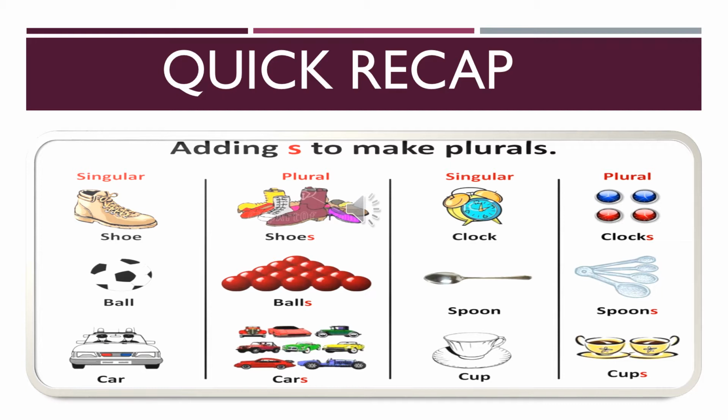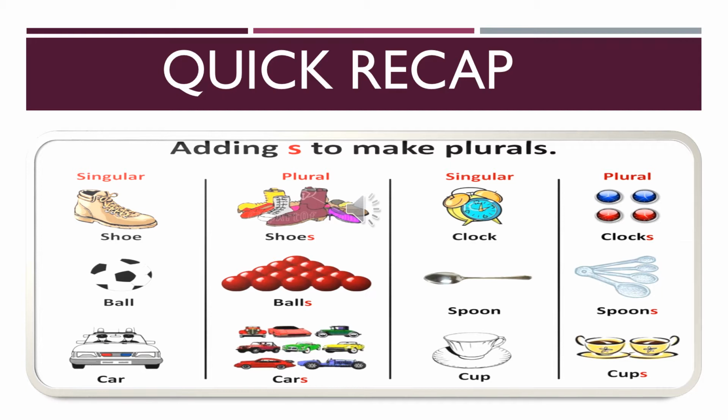When we talk of one, we call it singular. But when we talk about more than one, we call it plural. We can change a singular noun to a plural noun in many ways. Some examples are given below.